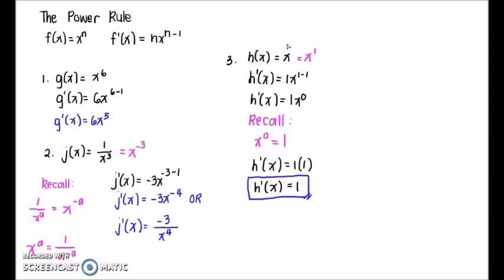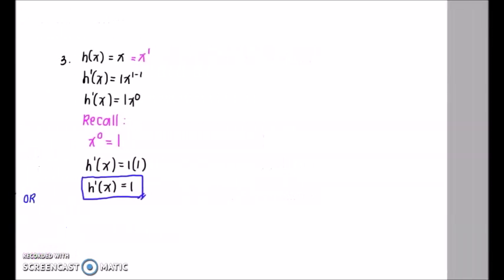So, pag may nakita kayong variable na x, tas kukunin niyo yung derivative of x is just always equal to 1. Please always remember that because that's quite useful when we find the derivative of different types of functions.